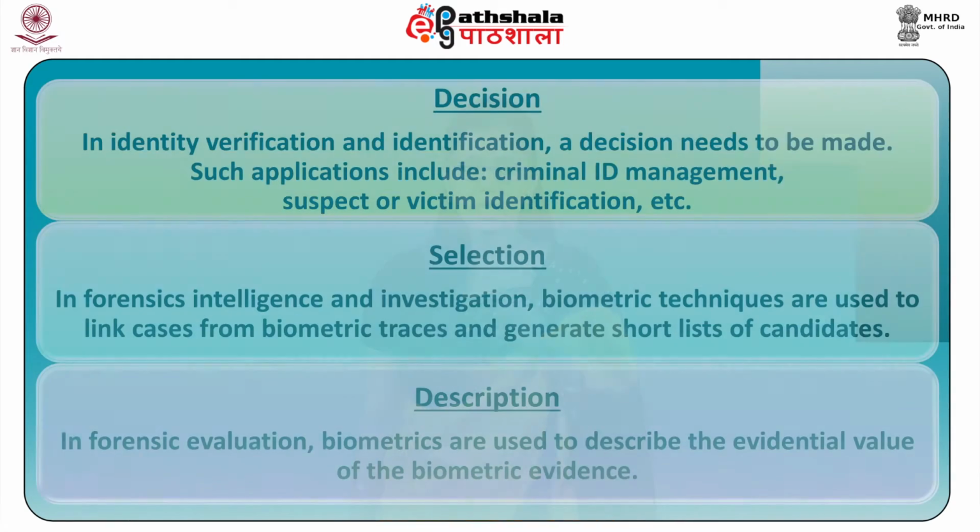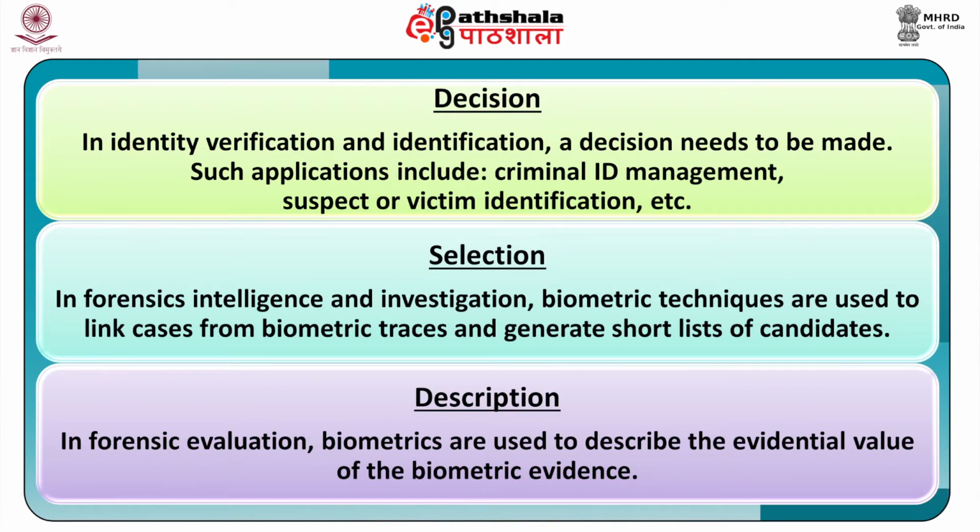Automated biometric techniques can be used to analyze and interpret the biometric traces in the forensic scenario, such as in the investigation of a criminal offense and the demonstration of the existence of an offense. These tasks are usually interrelated with each other. Biometric techniques are used to help in three main ways. First is decision. In identity verification and identification, a decision needs to be made.